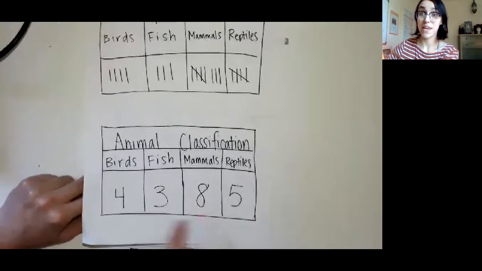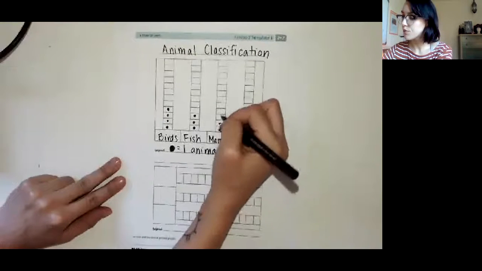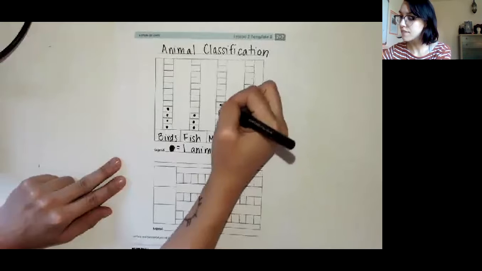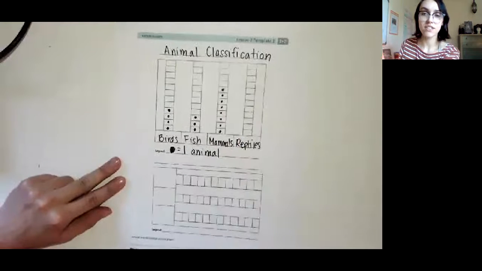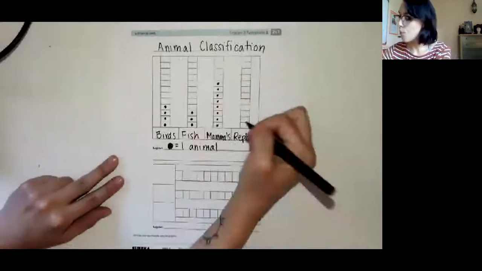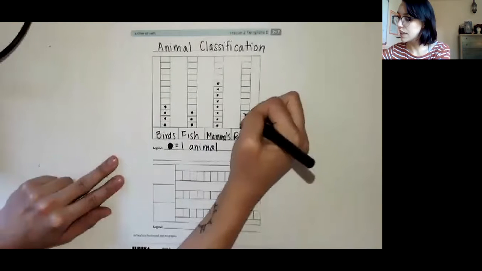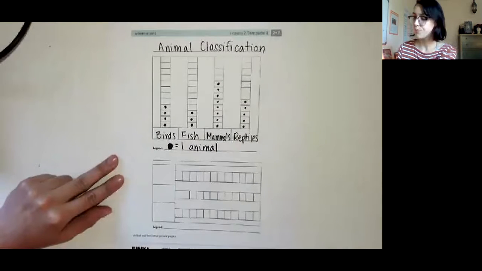We had 8 mammals. So we're going to do 1, 2, 3, 4, 5, 6, 7, 8 dots for our mammals. We had 5 reptiles. So we're going to do 1, 2, 3, 4, 5 dots for our reptiles.